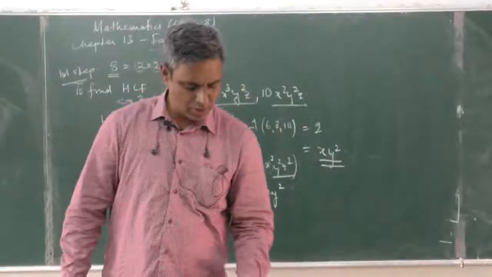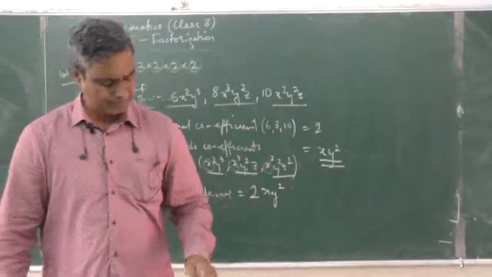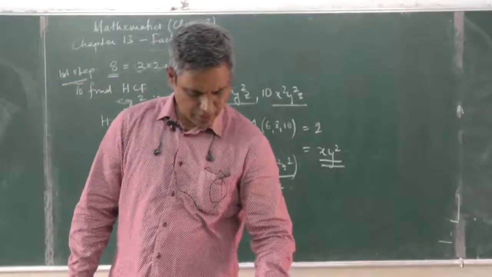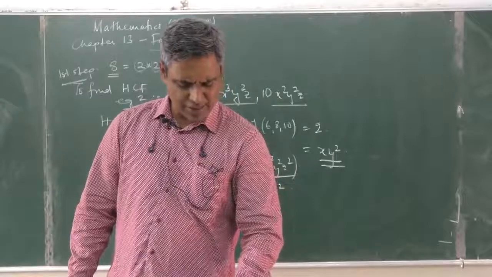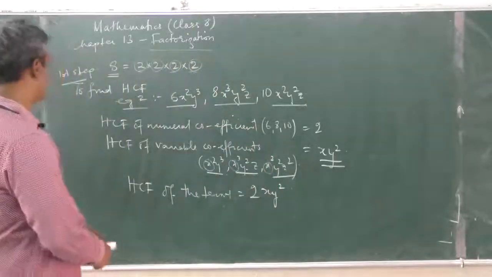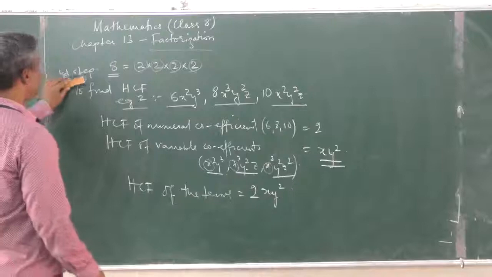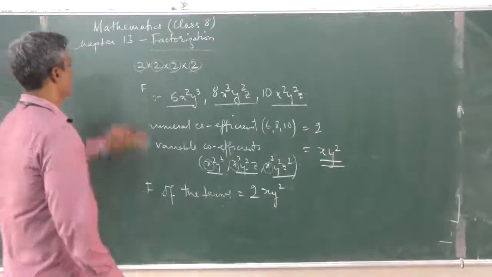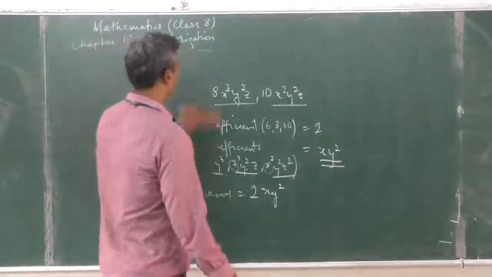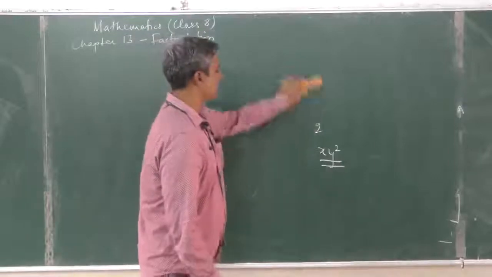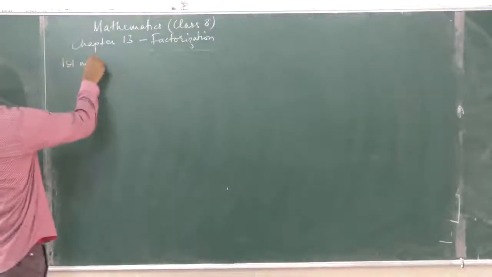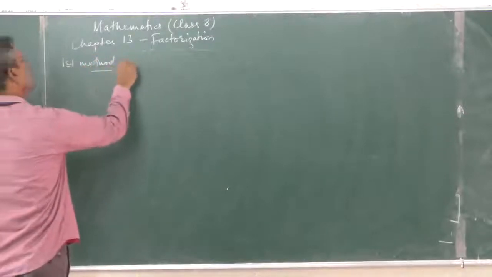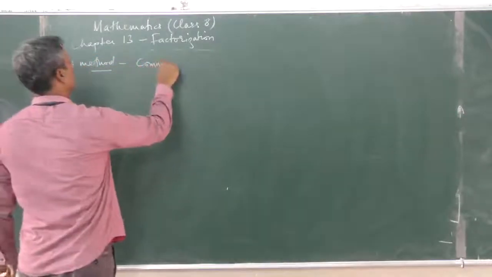Let us now turn to page 220. Towards the top part of the page, it says factorization by taking out common factors. We call this the first method, the common term method.